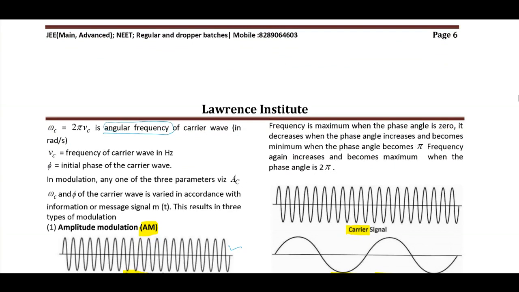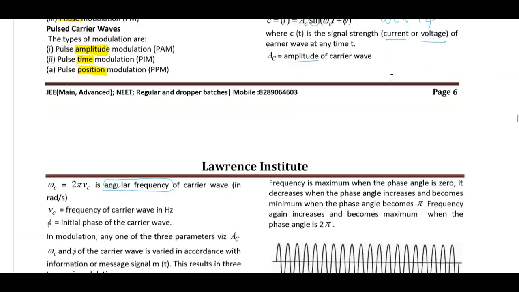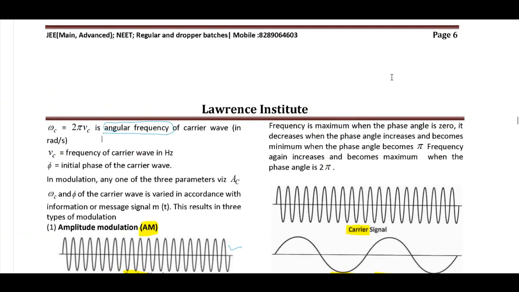I can again write that expression in front of you, which is this CT. The signal CT is the time varying signal of the carrier wave: AC is the amplitude of the carrier wave, and then sine of omega c, the frequency of the carrier wave, plus phi.